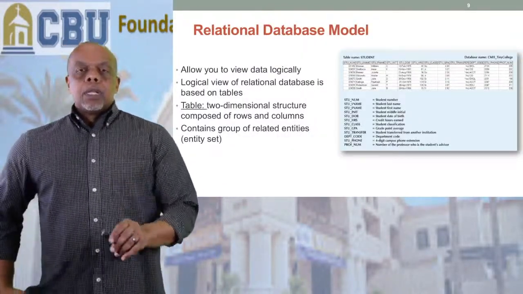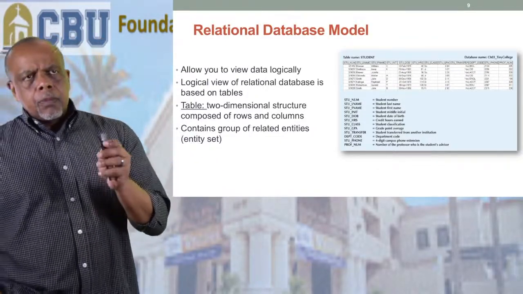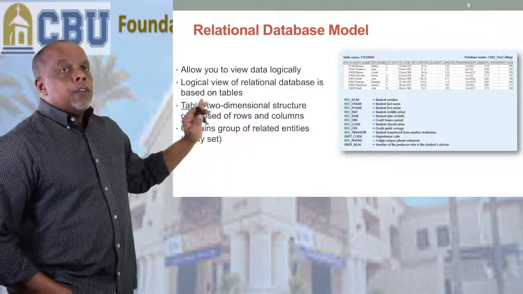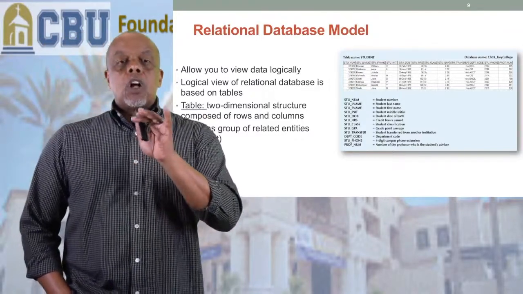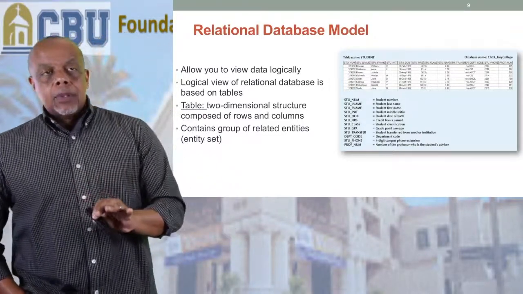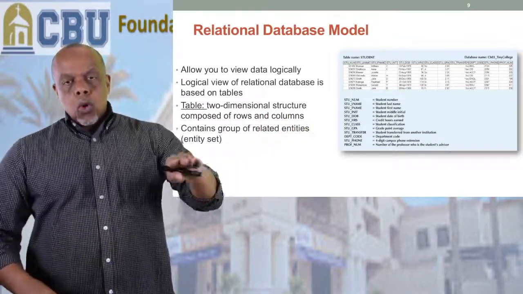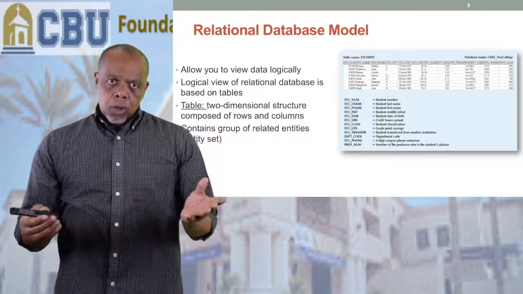So when we think about a relational database model, this is just an example of one, and it allows you to do what? View data logically. That's a logical view of data based on what we call a table. What is a table? A table is a two-dimensional structure composed of rows and columns. Think about a worksheet in Excel.